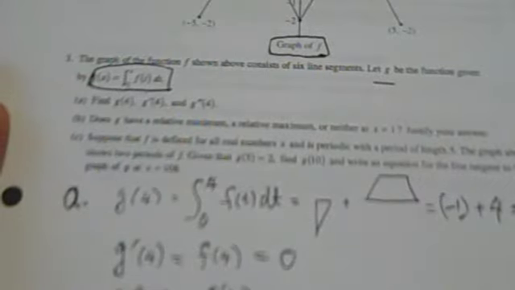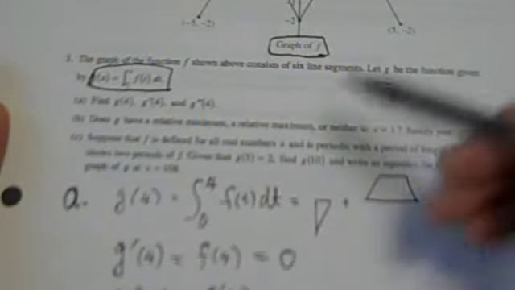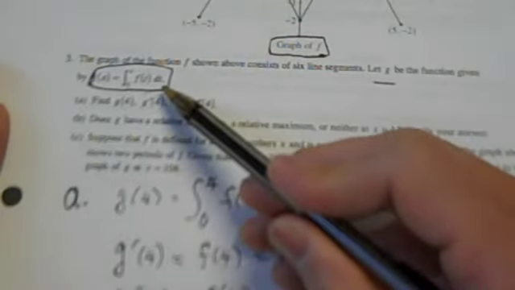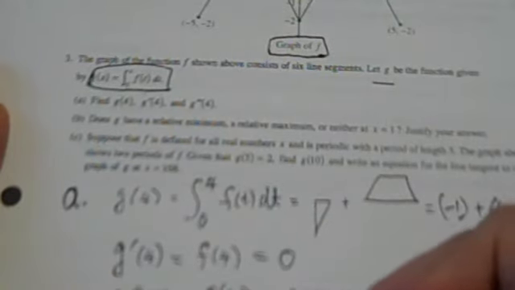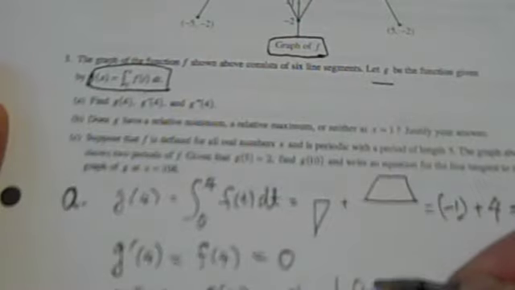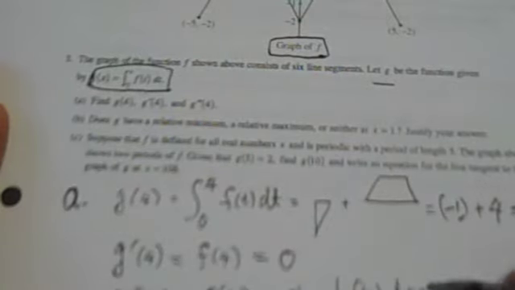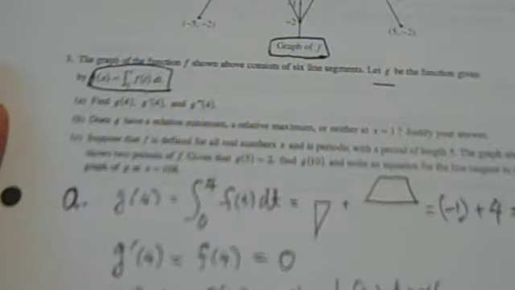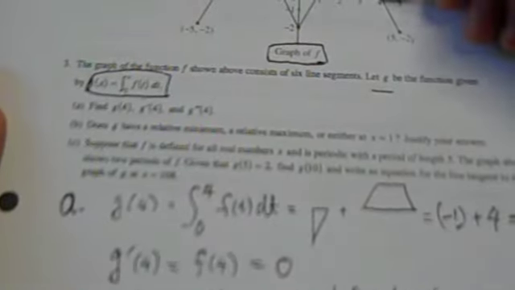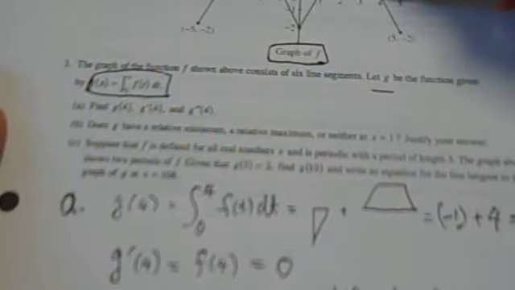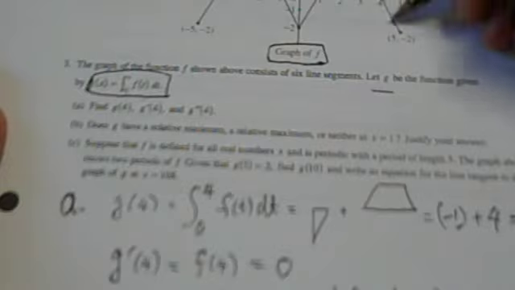So G double prime of 4, according to the relationship between G and f, is f prime of 4. Now f prime simply means the slope of f of x at x equal to 4. Right? Slope. Now let's take a look at the graph. Can we figure out the slope at this point?